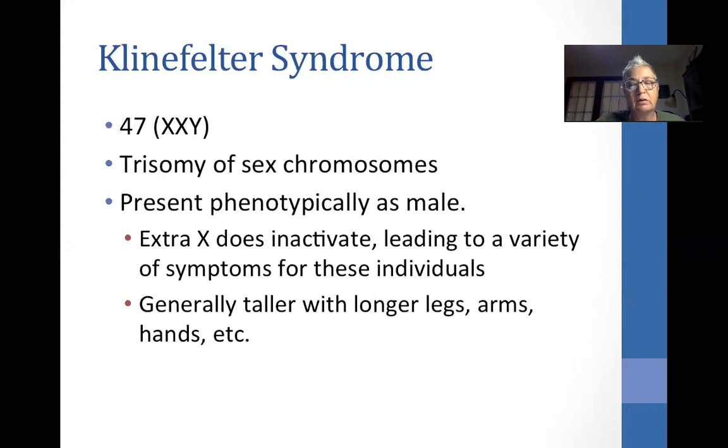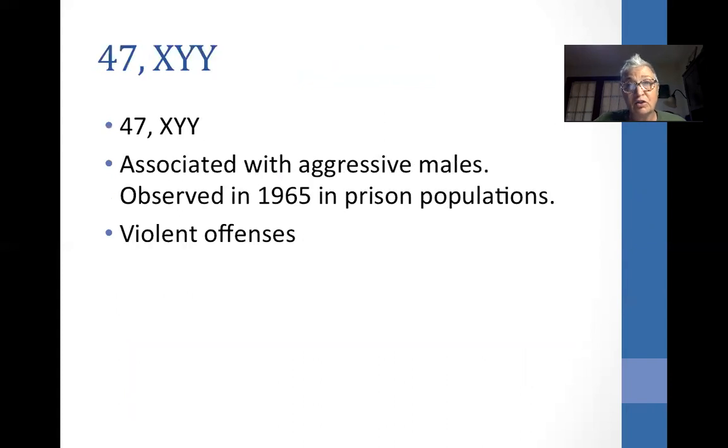This is exactly what I was talking about. If you had somebody with 2 X's and a Y, or in this case X and 2 Y's, it's very interesting, I don't think it has a name. I remember hearing about it a long time ago, but if an individual has 47 chromosomes total, and the trisomy occurs in the sex chromosomes where you have an extra Y, it's associated with aggressive males, because the Y doesn't really inactivate.